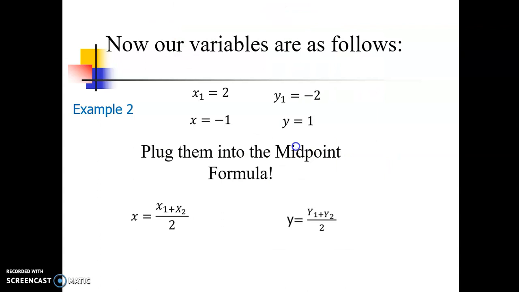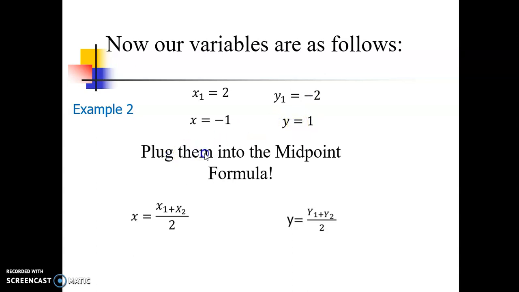Now, ang variables natin are as follows. Ang point 1 natin is +2 for x. Itong x, this will be our midpoint: yung x-intercept ng midpoint natin is -1. And then yung y sub 1 natin, this is -2, and yung y-intercept ng midpoint natin equals 1.